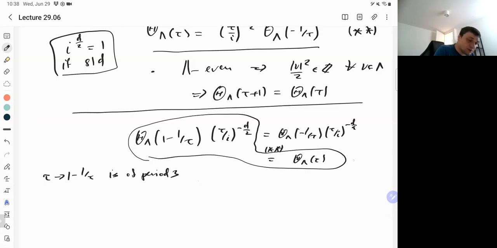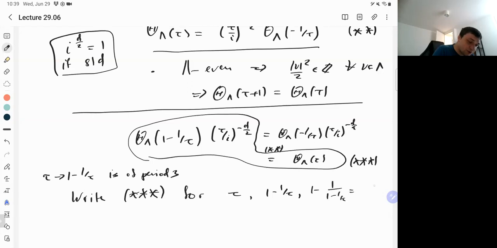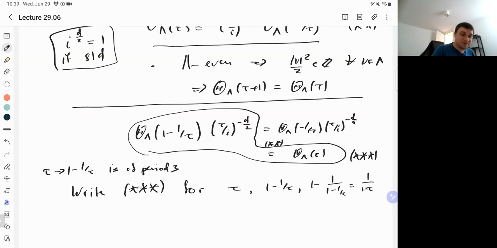Triple star. So write triple star for tau replaced by 1 minus 1 over tau. You make the substitution in there and write it down. And 1 minus 1 over 1 minus 1 over tau is equal to 1 over 1 minus tau. So you write these 3 identities and you multiply them together.